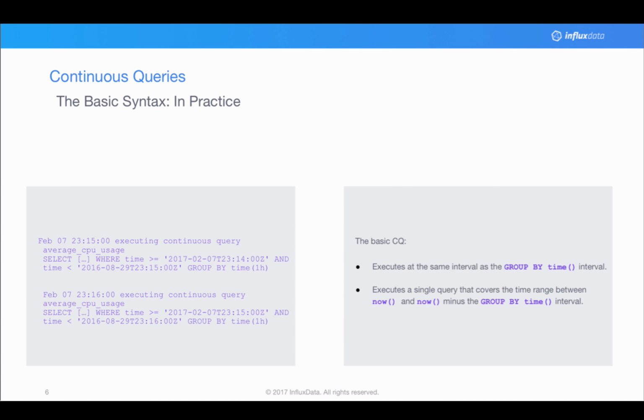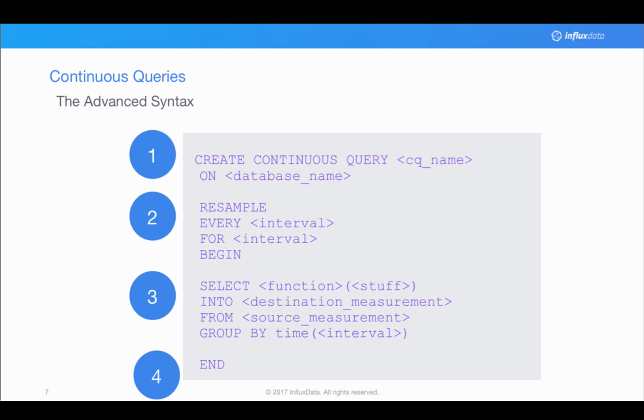So if you're sitting there thinking, you might say, there's a problem with that. I've got some points that might come in out of order, and if I'm just rolling up the last minute every minute, I might miss some of those out of order points, and they might not get included. So I would like to run this continuous query on maybe 5 minutes of data every minute.